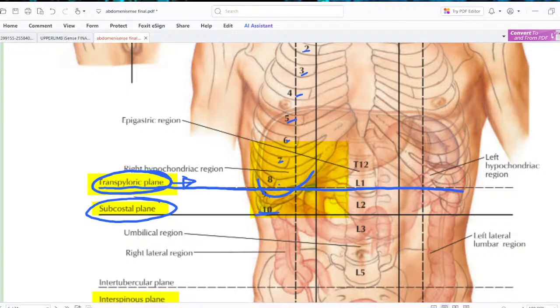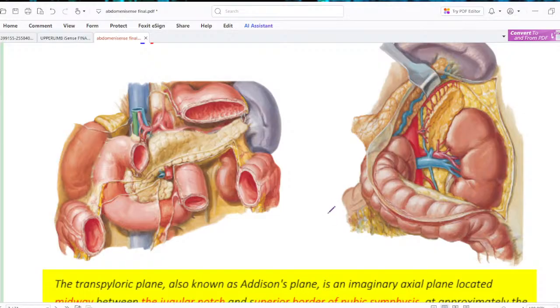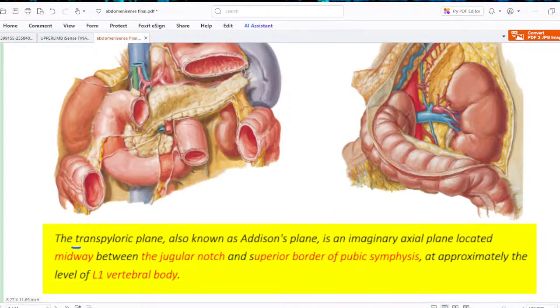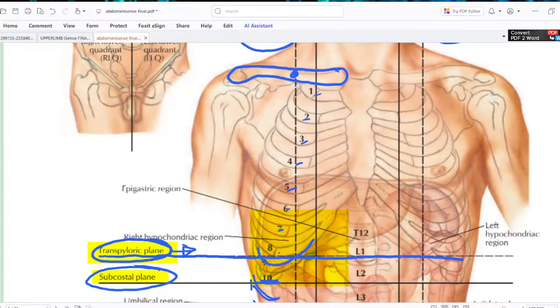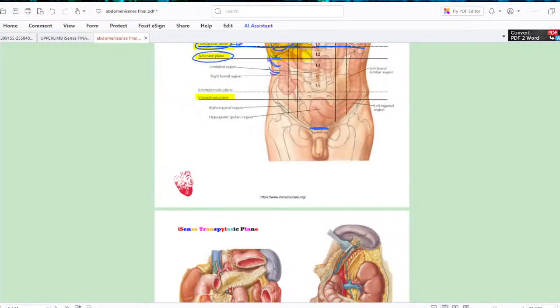Yeah, they don't attach directly. Okay, so jugular notch to the superior symphysis pubis. Pubic symphysis and jugular notch. That is the transpyloric plane.